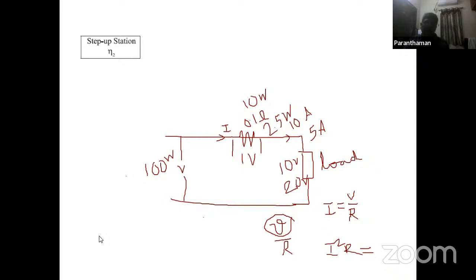Sir, the losses are termed as T&D losses, transmission and distribution losses. All these things are called technical losses, and commercial losses means pilferage and payment issues, combined as technical and commercial losses.